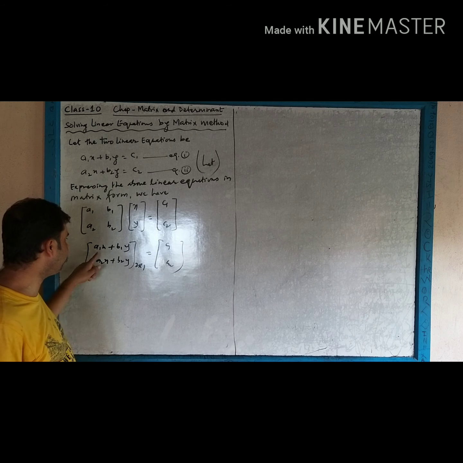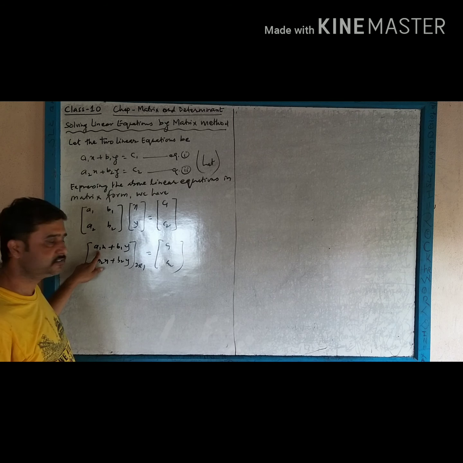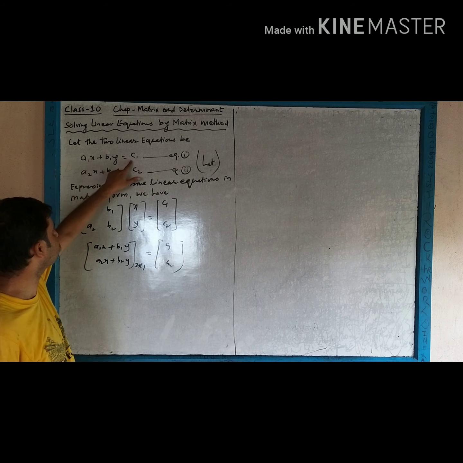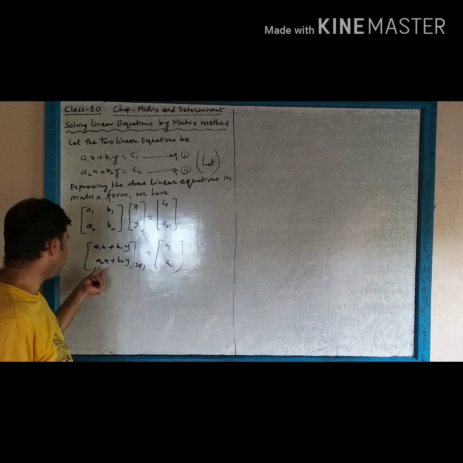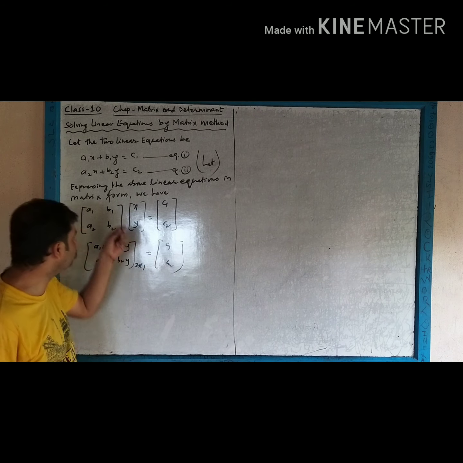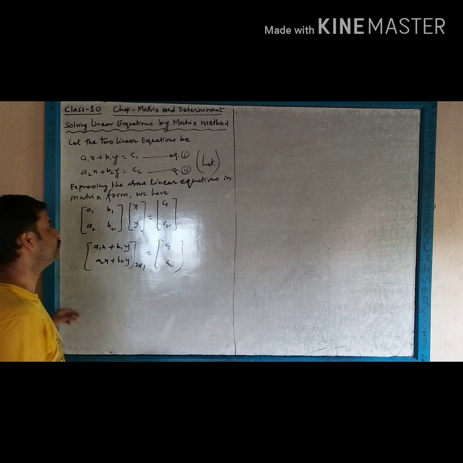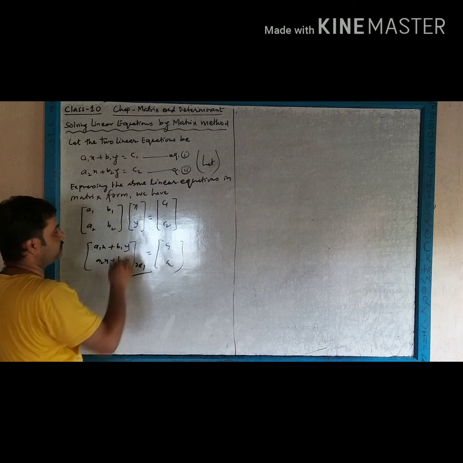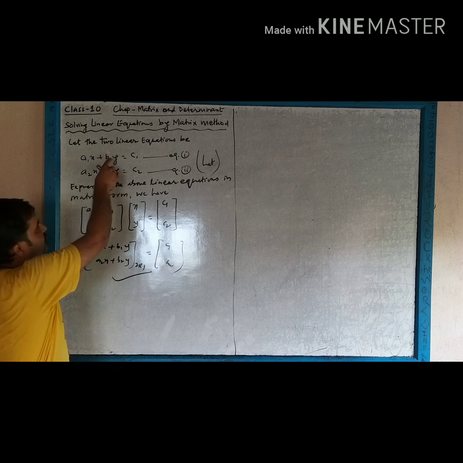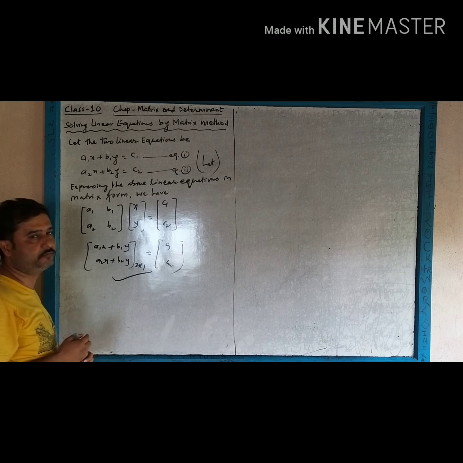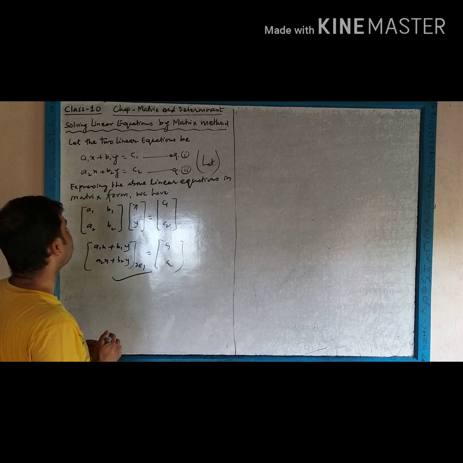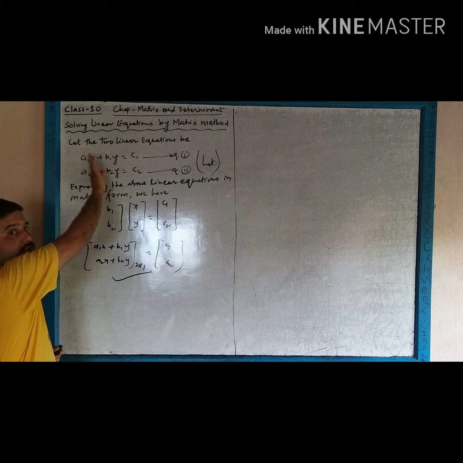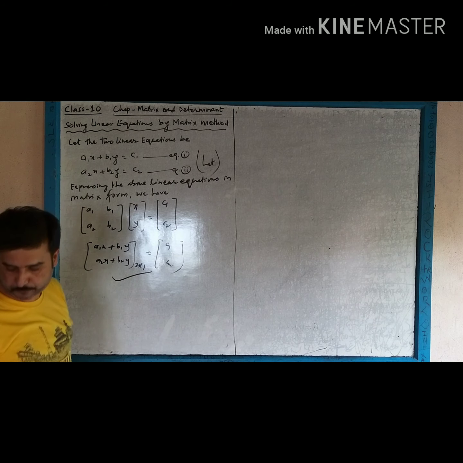Now if you equate, you get a1x plus b1y equals c1, one equation, and a2x plus b2y equals c2, the next equation. So when you multiply this, you get these results, and equating you get the same equations. That means these equations can be expressed in matrix form in this way.